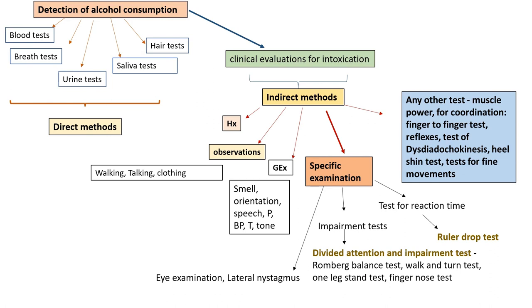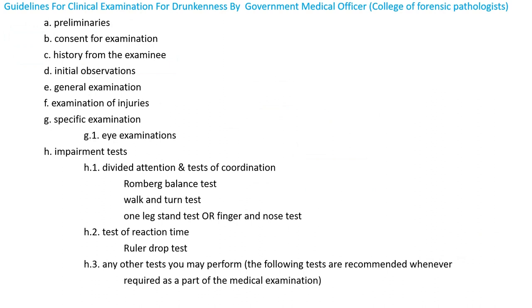For coordination, he can do the finger-to-finger test, reflexes, a test for dysdiadochokinesis, heel-shin test, and tests for fine movements. Mentioned here is the summary of the guideline for clinical examination for drunkenness by government medical officers prepared by the College of Forensic Pathologists. You can read it up leisurely.